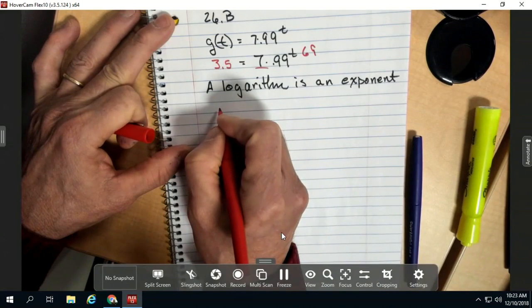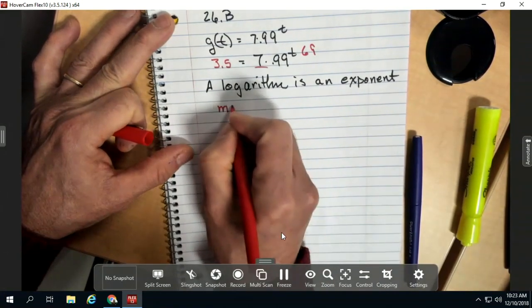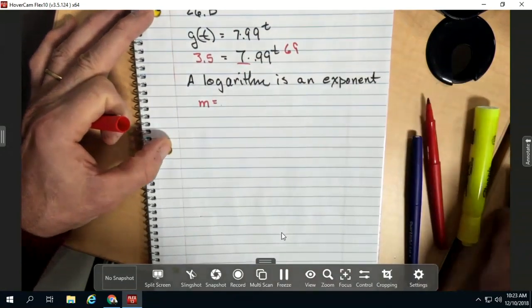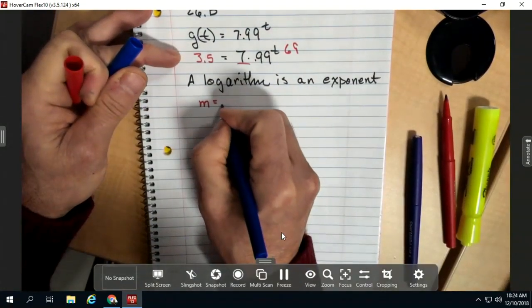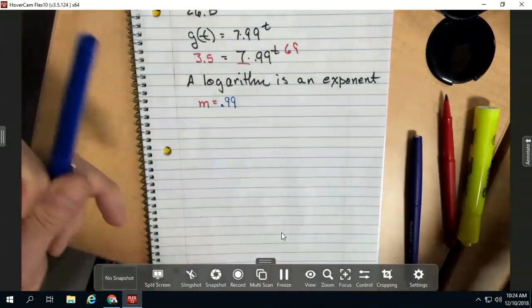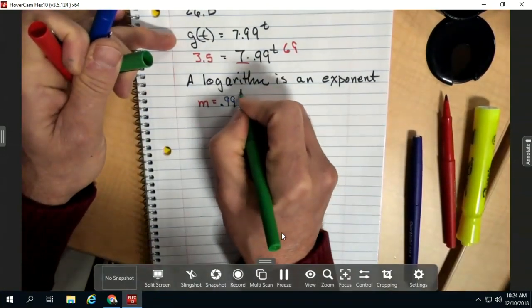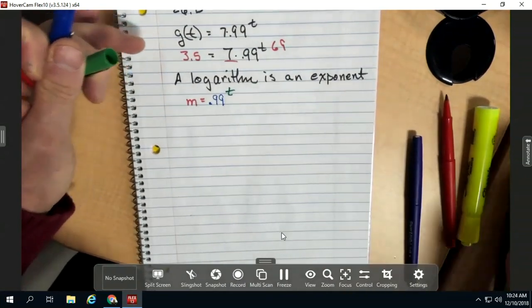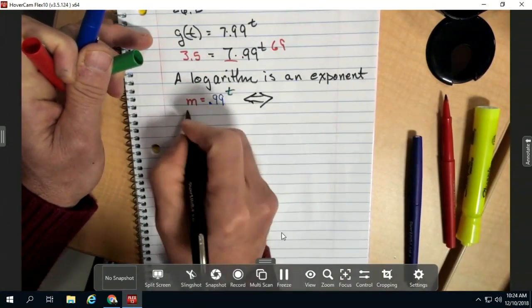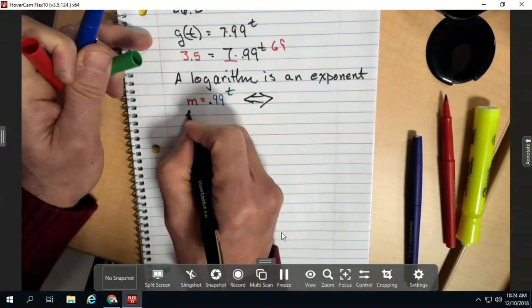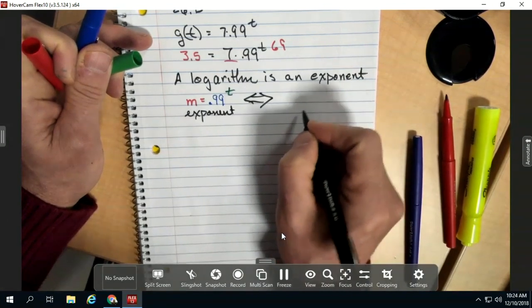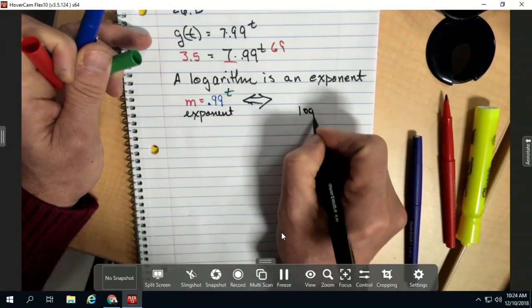We would have said the mass m is 0.99 to the t. This is in exponent form. We're going to write it in log form.